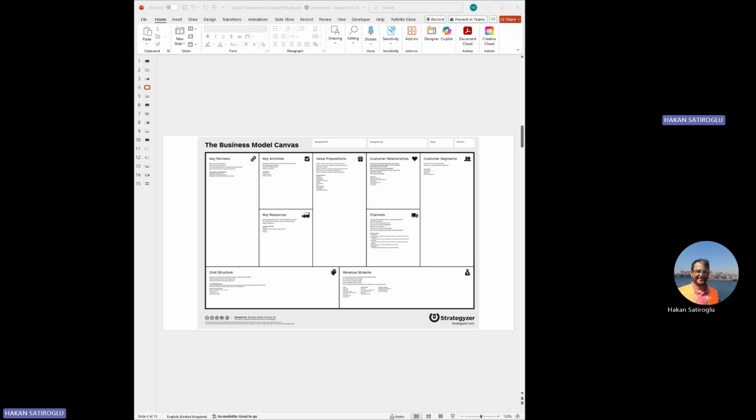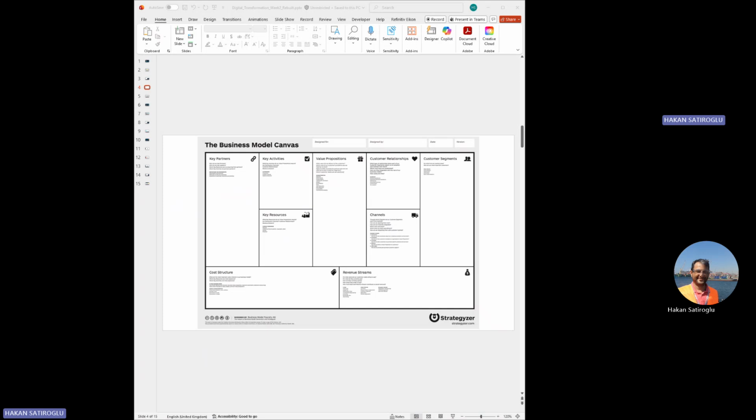These are the questions in each section, and you can easily find that canvas from a Google search for the business model canvas. By using this one, you can show the logic of the company in one view, one glance. That is why it is useful in digital transformation as well.